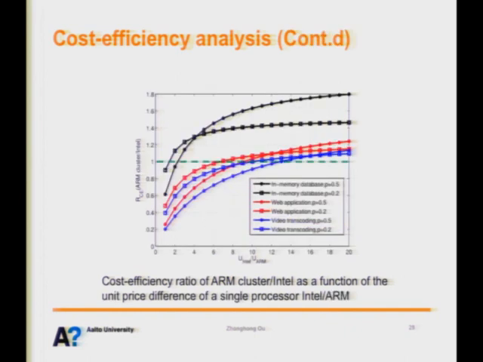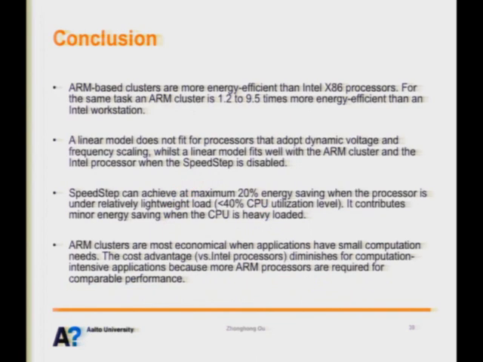I will skip this one for you. So the basic conclusion is two takeaway messages from this analysis. The ARM processors are in general more energy efficient than the Intel processors, but the variation can be from 1.2 times to 9.5 times.